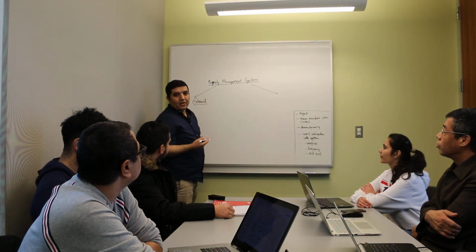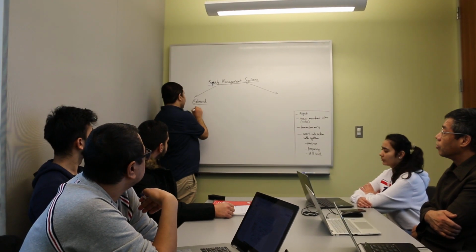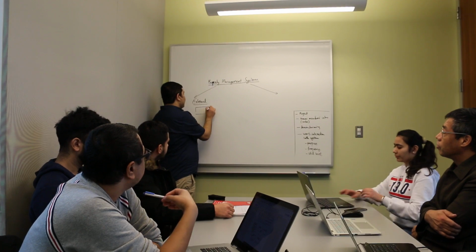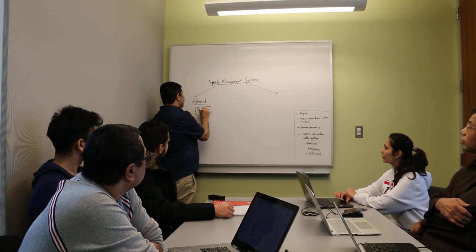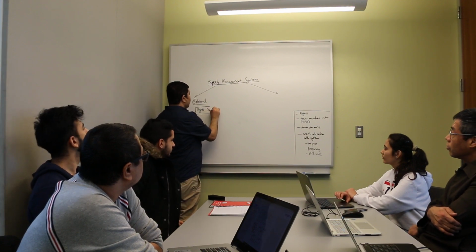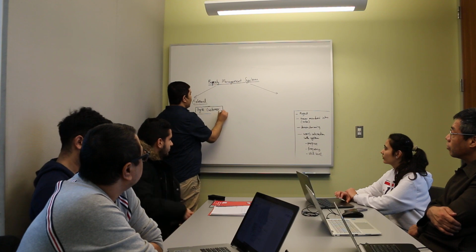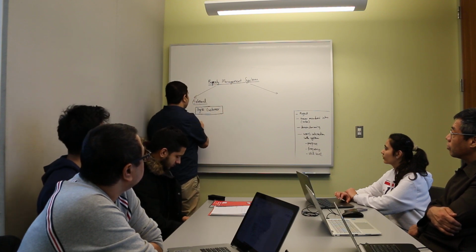So who are the possible external users? The Agile customer, and the property administrator.